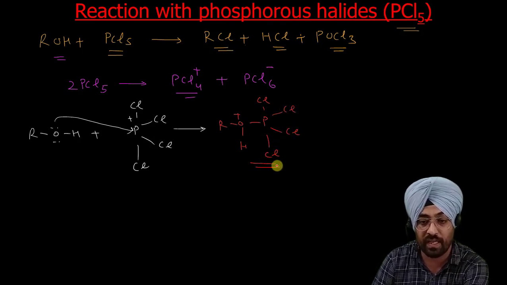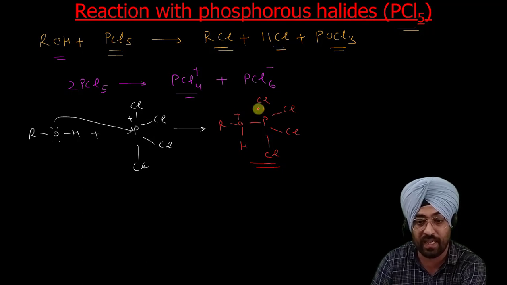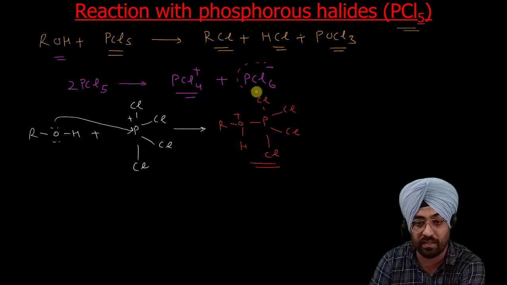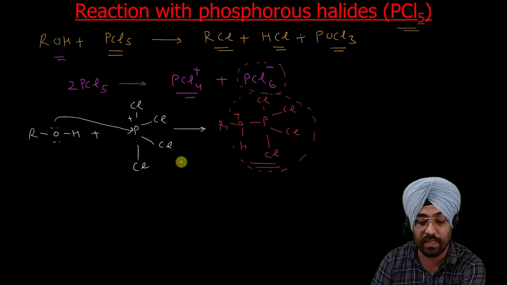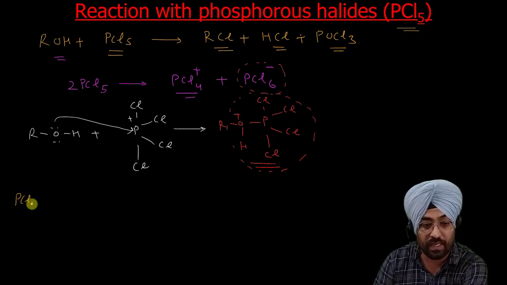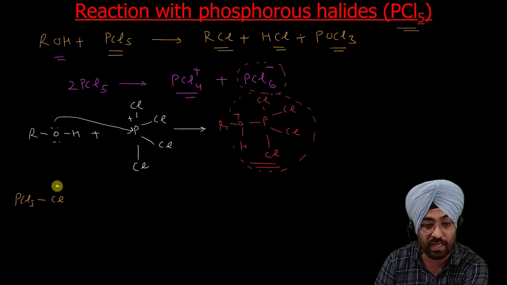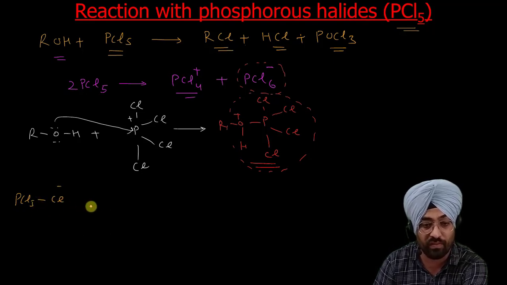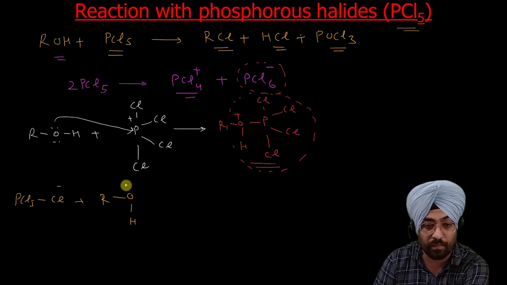Now this species that is formed gets attacked by Cl negative from this PCl6 negative in the next step, and this is a very good leaving group. So let us write the next step. PCl6 negative gives Cl negative, plus ROH positive PCl4.